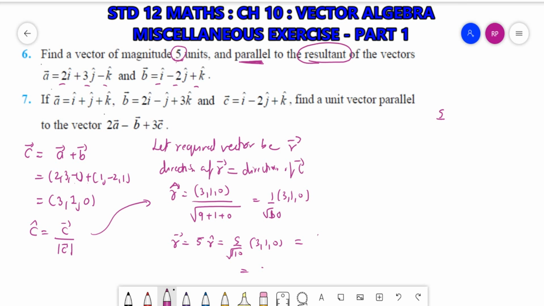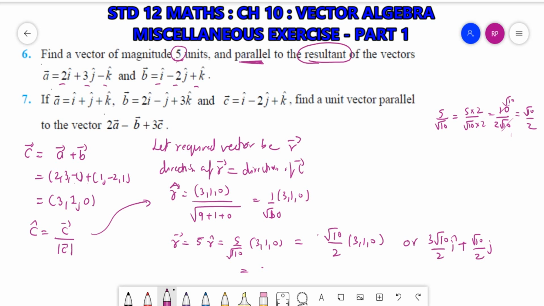I will write 5 multiplied by root 10 upon root 10 multiplied by root 10, that will be root 10 by 2. This will be equal to root 10 by 2 times 3, 1, 0. Or else I can write it as 3 root 10 by 2 i plus root 10 by 2 j.